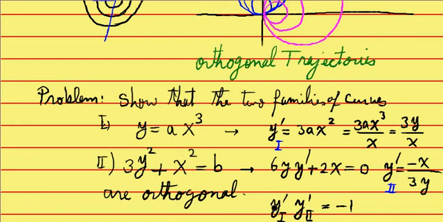What does it mean if the product of slopes is minus 1? It implies that the two curves are perpendicular. The first and second family of curves are perpendicular. And that just finalizes our proof. We are essentially all done.